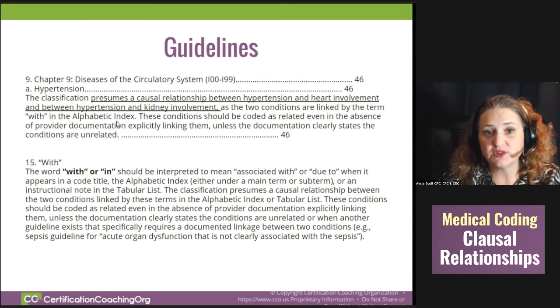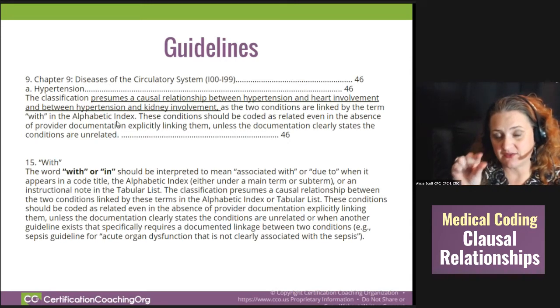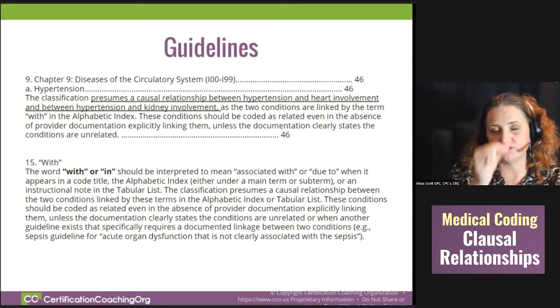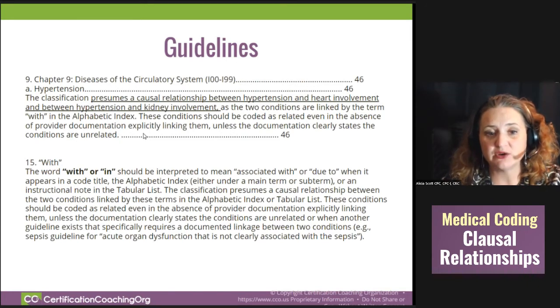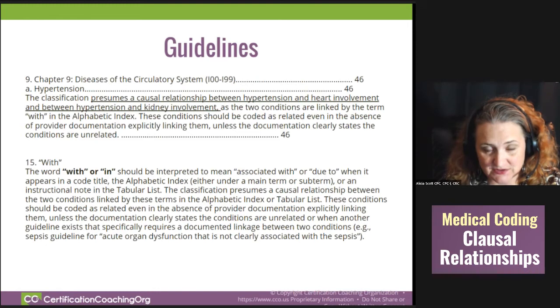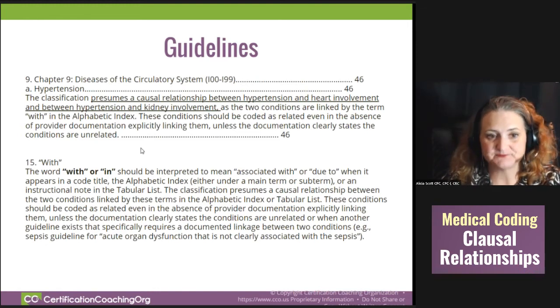So in other words, if you go to the index and you can see with and there's a link, then you put them together. Okay. You don't have to have the provider tell you. You assume that. Okay. Now, those are conditions that are code, provider documentation. The only time you don't do that now is if the provider tells you not to. Okay. They're not linked.